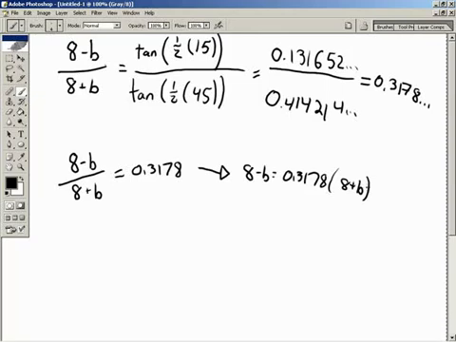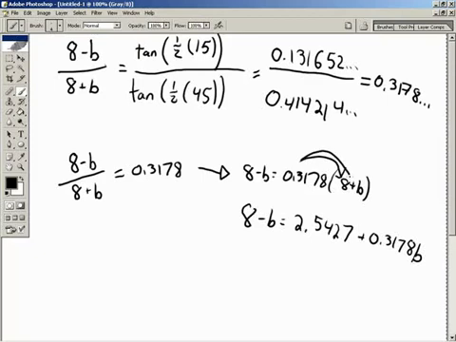So, by doing this, we get that 8 minus b equals 2.5427 plus 0.3178b. Do you see that, Heather? All I did was distribute this number to multiply against both of these. Yeah. So far, so good. Yep. So now, what's 1b plus 0.3178b?